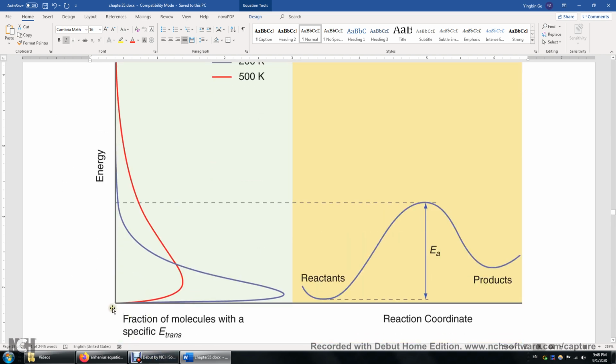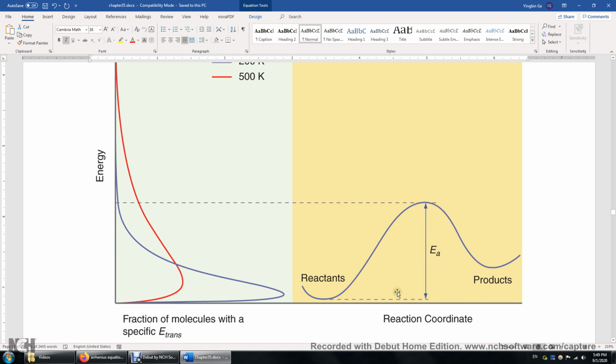Okay, so in this graph you have energy versus the fraction of molecules with specific translational energy. At 200 K, you have more molecules with lower energy. At 500 K, you have more molecules with higher energy.